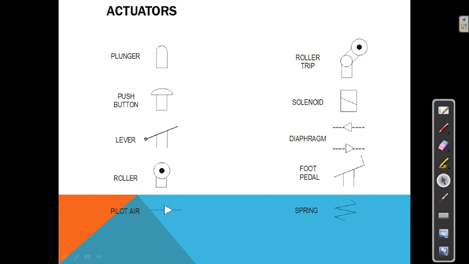Today we are going to see about pneumatic actuators and some other types. In actuators, there are a lot of types. As we know already, in the hydraulic system we saw what an actuator is. An actuator is nothing but a mover.